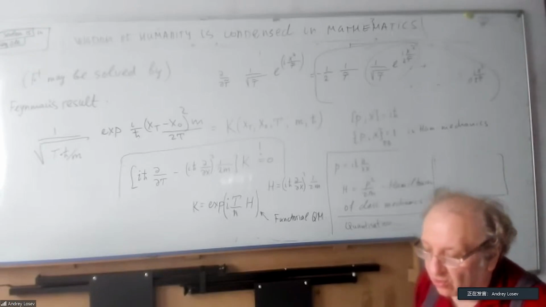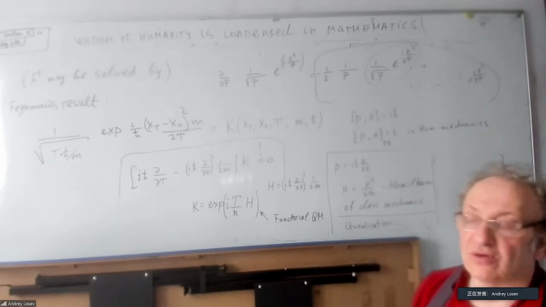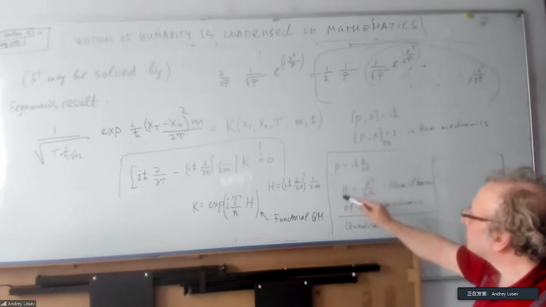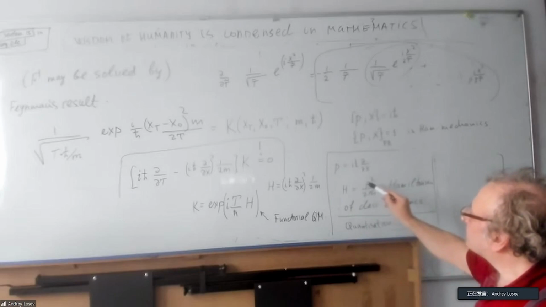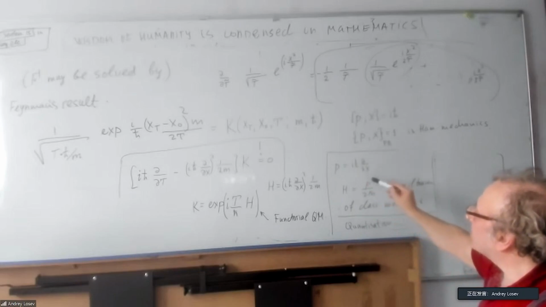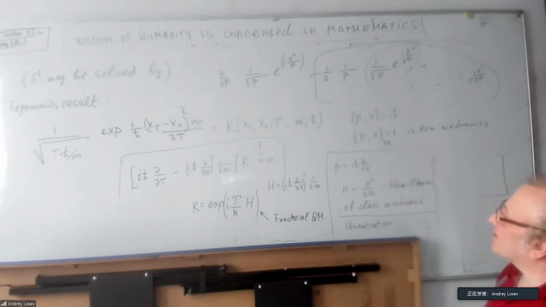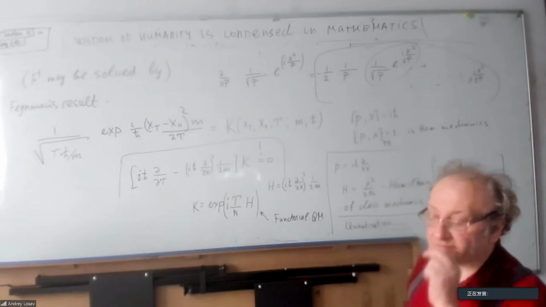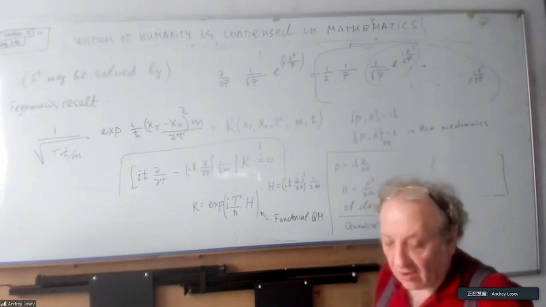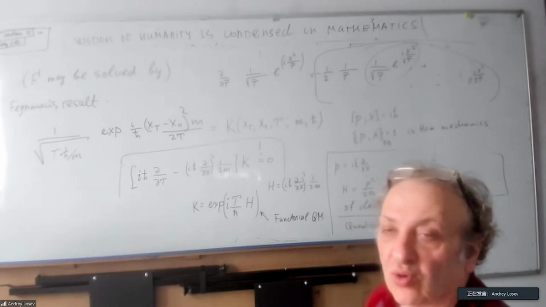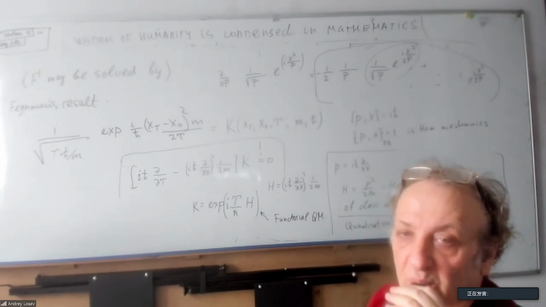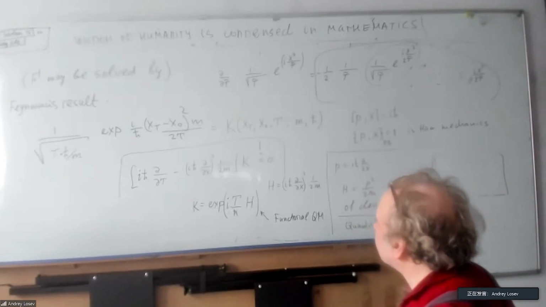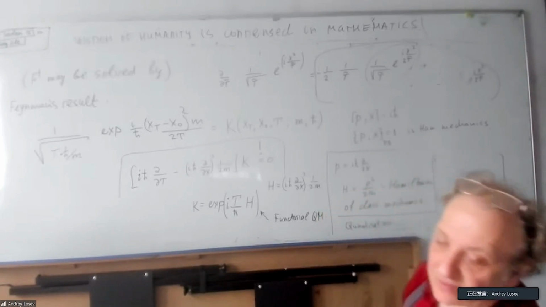So what people were calling quantization many years ago was the following procedure. Take the classical Hamiltonian, replace P by i h d over dx, get a differential operator, and study this. Now, I would like to emphasize an important point here. And this important point is that here we do have h bar.